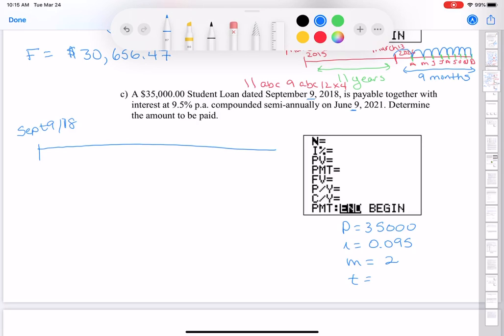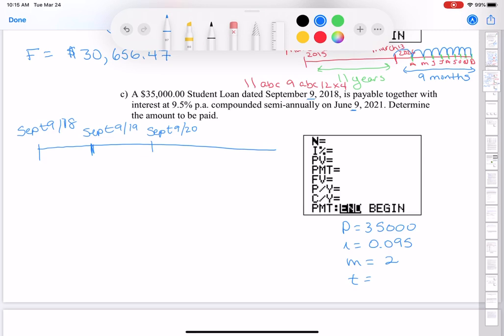All right, so we have September 9th, 2019, September 9th, 2020. And if we go to September 9th, 2021, we will have counted past the June 9th, 2021.